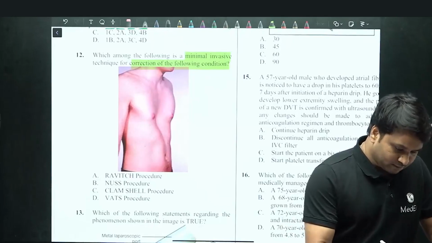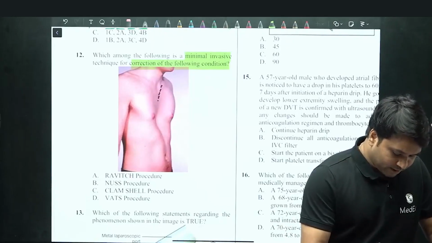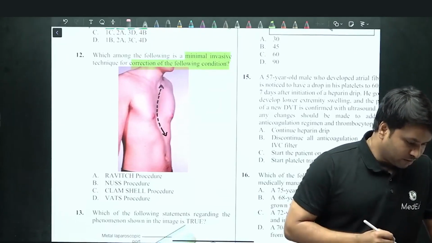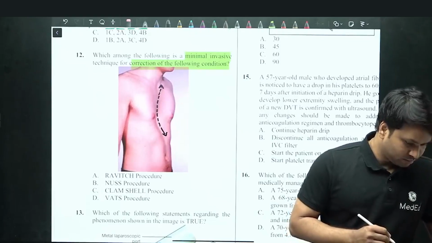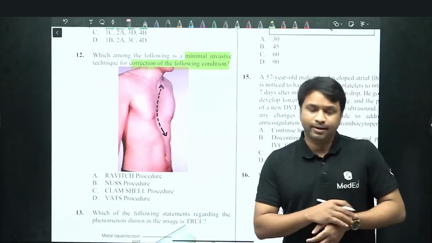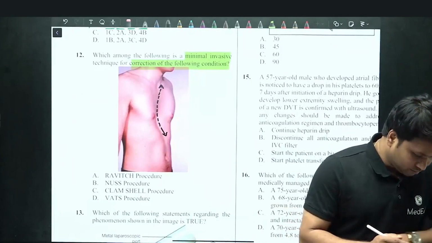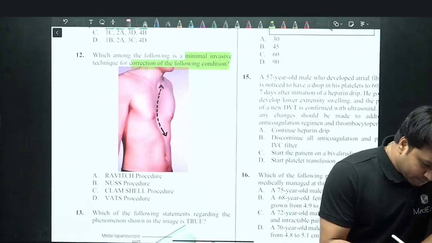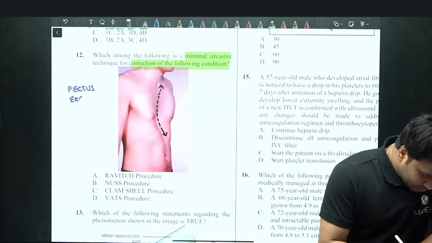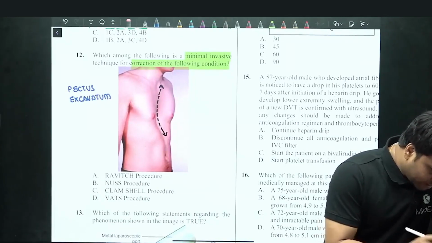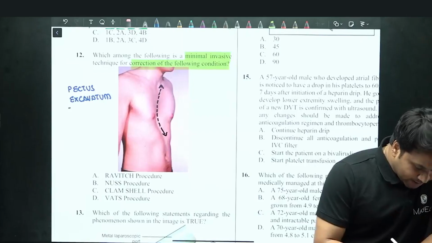You can see there is a sternal dip. What is this called as? Any idea? This is what we call Pectus excavatum.